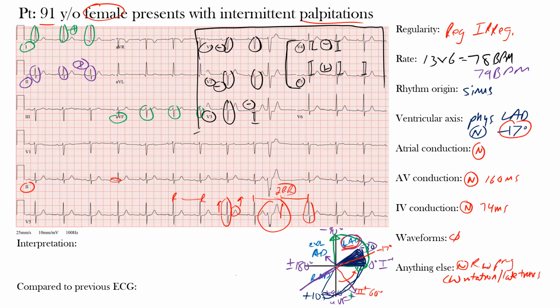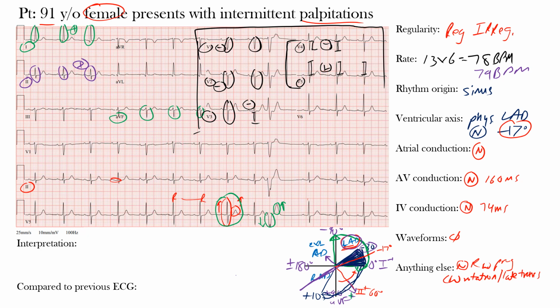However, when we look at our PVC, or the premature ventricular contraction, notice that our QRS complex is mostly negative, but then our T wave is mostly positive. So we call that discordant, and that's something you tend to see with premature ventricular complexes. Remember, normally we have concordance between the ST and T waves. Okay, so this is discordant ST T wave changes, and hopefully that makes sense there.